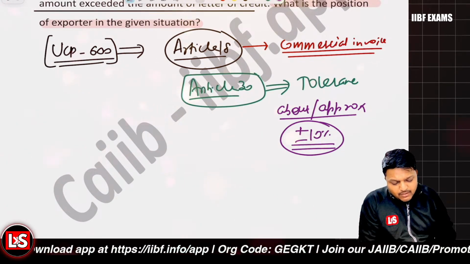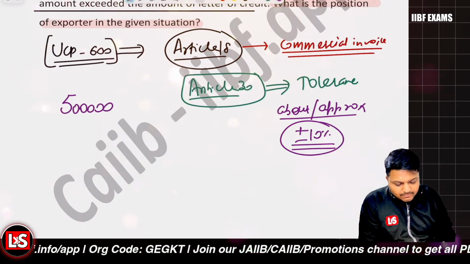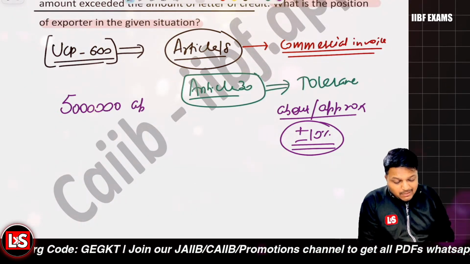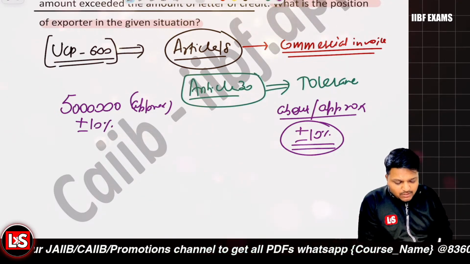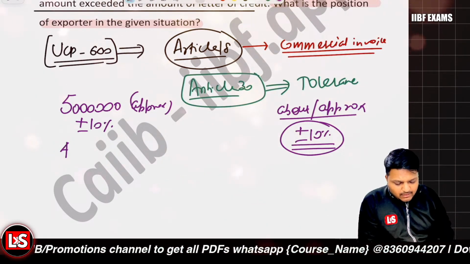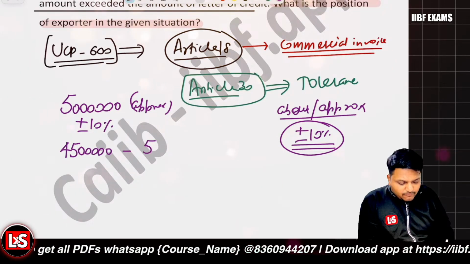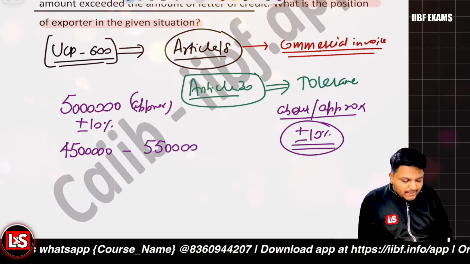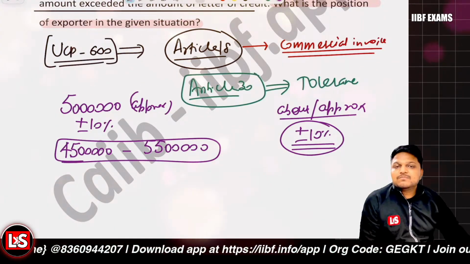Now in this scenario, the LC is drawn for 50 lakh rupees approximate. Plus minus 10% means it will range from 45 lakh rupees to 55 lakh rupees, and it will be considered valid if it is within this range.